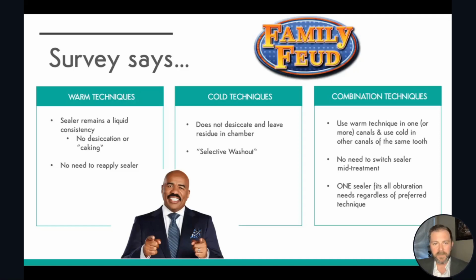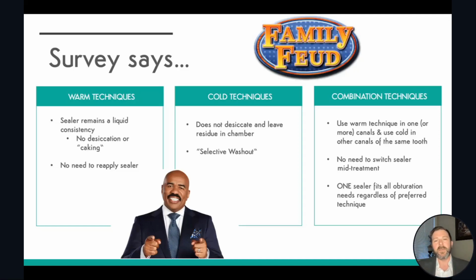Again, it doesn't wash out the canal space, and it selectively cleans out the chamber. I think this is a unique property of NeoSealer Flow and one that's clinically advantageous. It saves us an entire step of taking a cotton ball soaked in alcohol and cleaning out the chamber. And we all know that even after that, you still see this white hue.